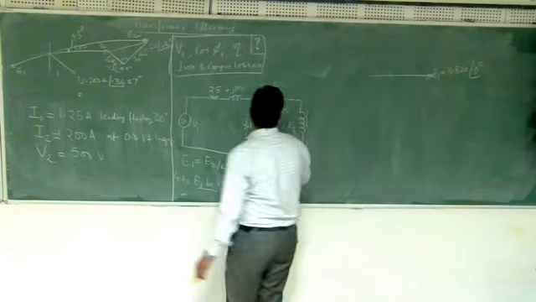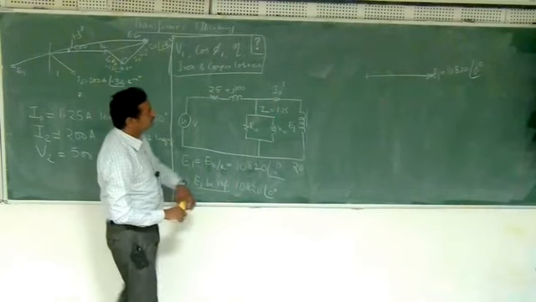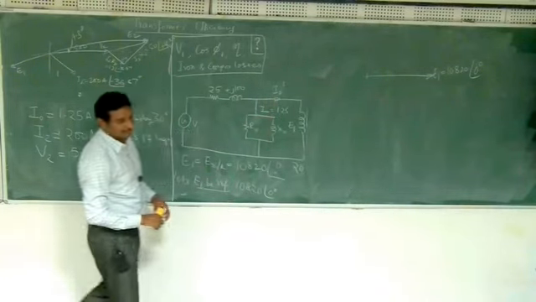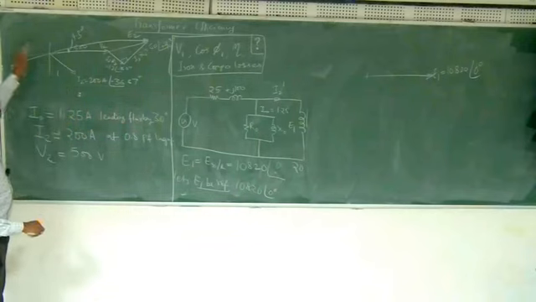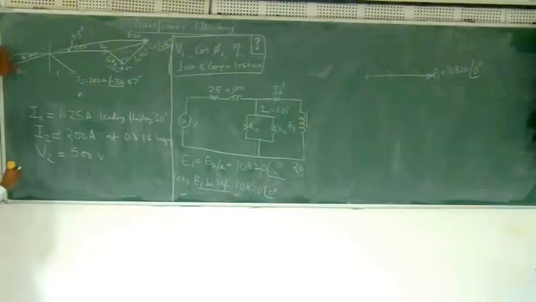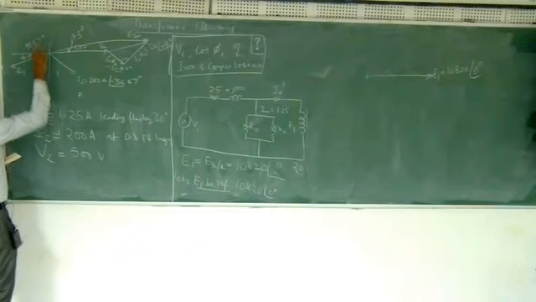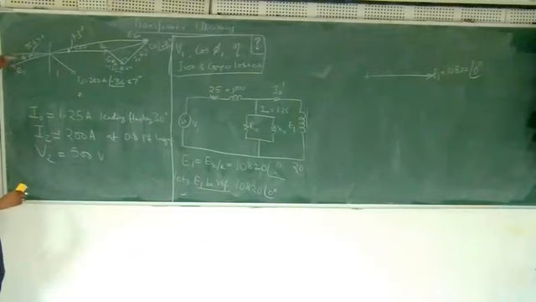What will be I2 dash in this? Look here, I2 dash is on the opposite side. This one I already know, 4.3 degrees, and this angle I know is 36.87 degrees. So this total angle will be this one, and E1 is leading, I1 is lagging.